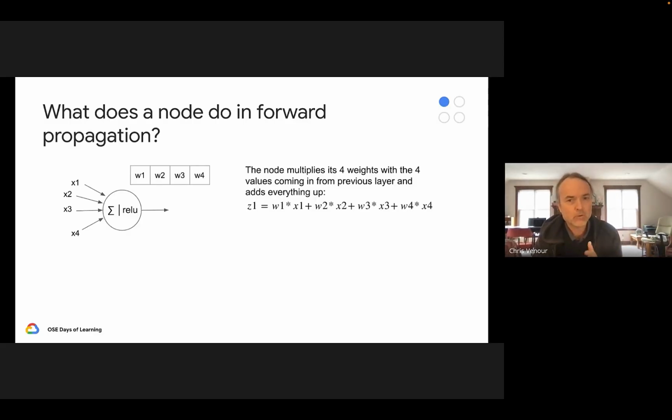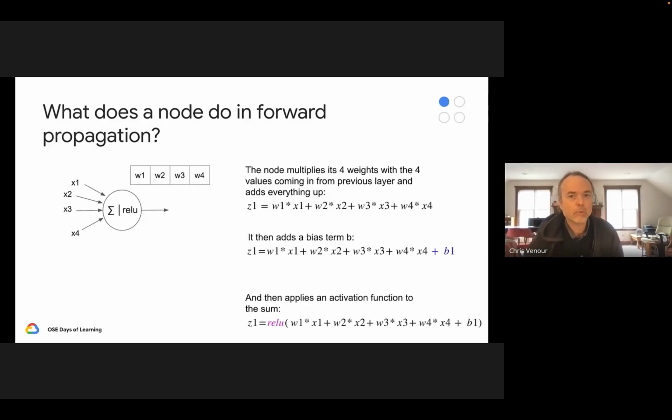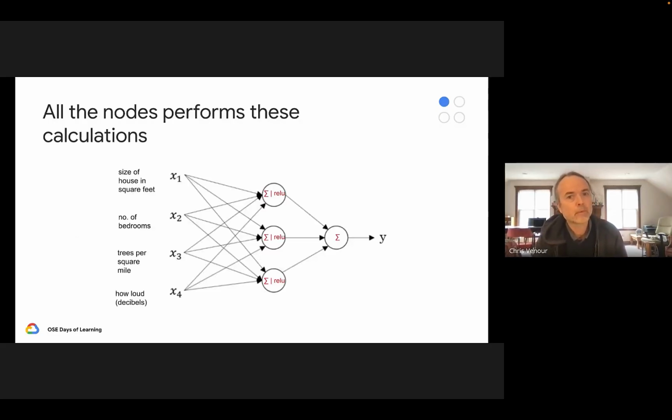It then adds up those results, and the result is a single number, which appears as Z1 on the slide. The node isn't quite finished, though. It then adds a bias term, and I'll talk about what the bias term is later on. And then finally, the node applies an activation function to the total. I'll also talk about activation functions in a little bit. In this example, we're using the ReLU activation function.